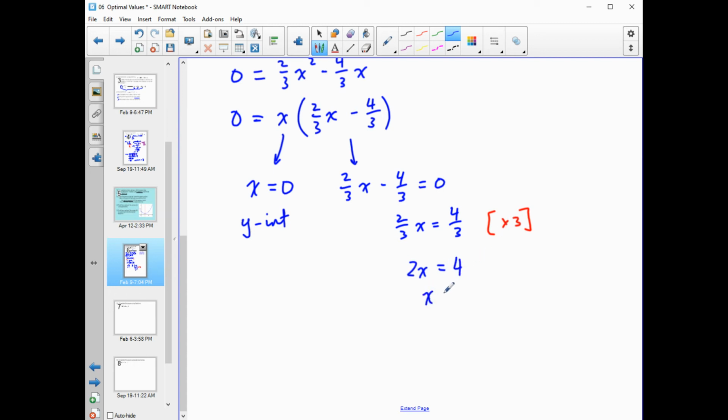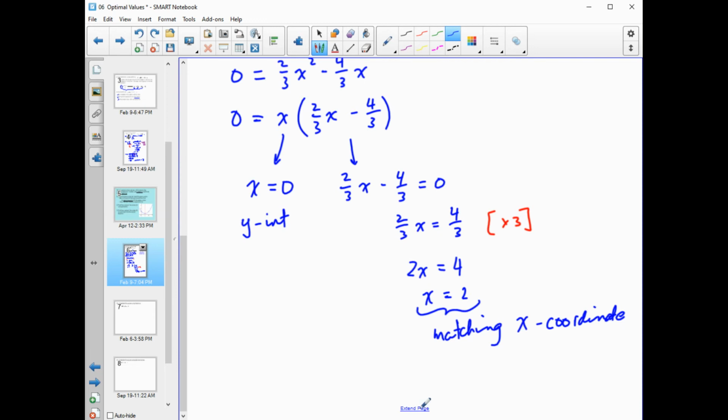And then divide both sides by 2, and I end up with x equals 2. And so this is the matching x-coordinate to the y-intercept.